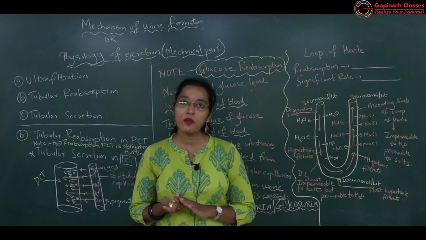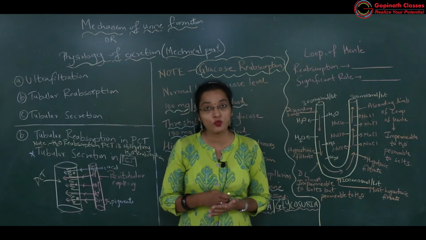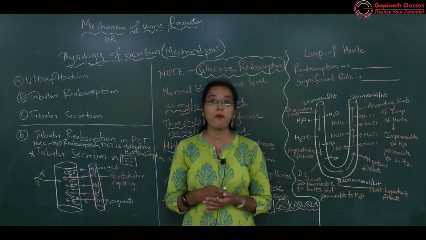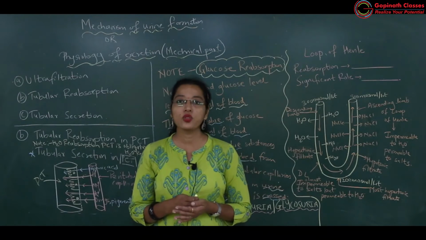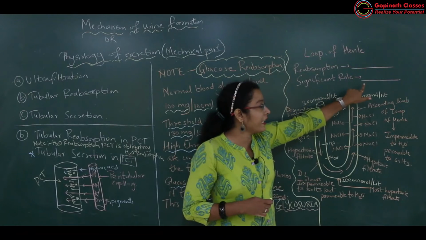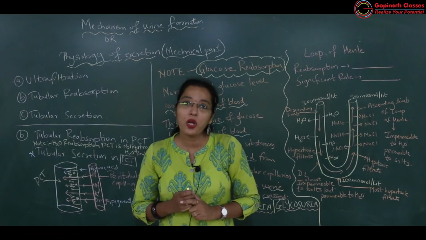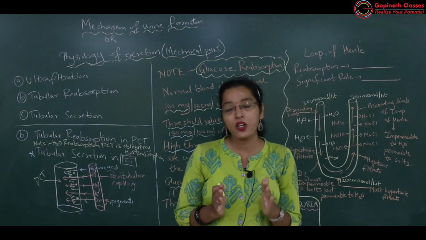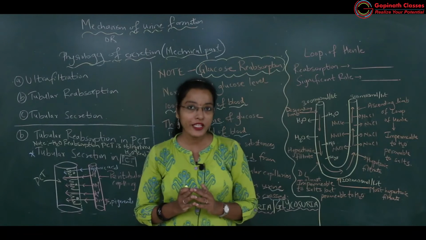Got it? Why? Because it is more involved in osmoregulation. Osmoregulation means water and salt balance वो maintain करता है interstitial fluid में. Okay, so that's why what is the significance of loop of Henle? To maintain high osmolarity of interstitium of medulla. Okay, किडनी का मेड्यूला है उसमें जो इंटरस्टिशियल फ्लूइड है वो हमेशा हाइपरटोनिक रहता है.